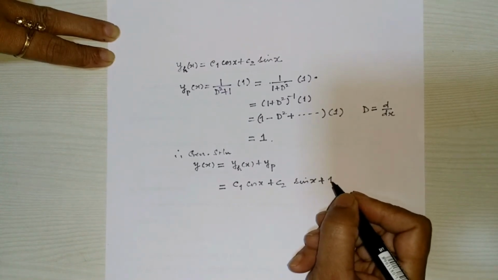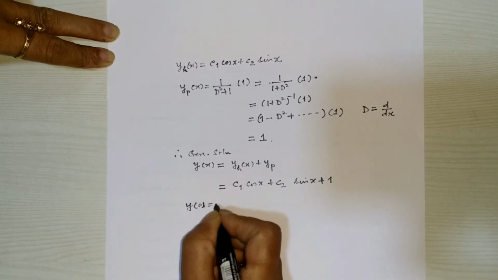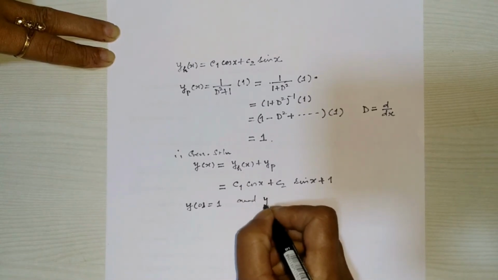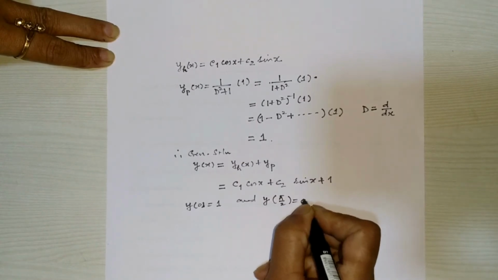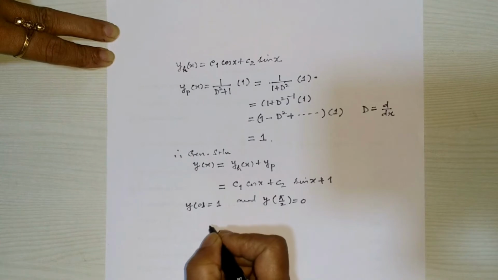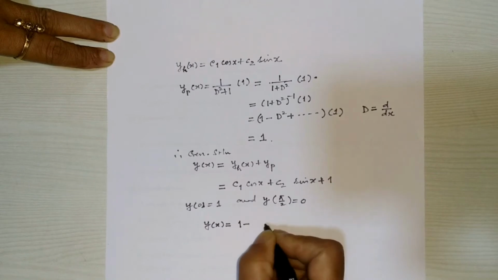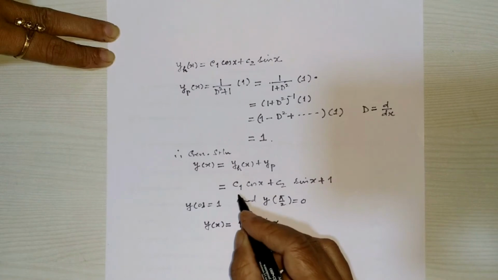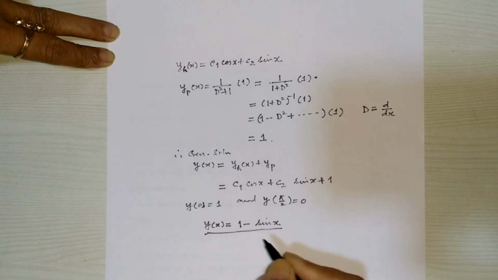Now if we apply these two boundary conditions, y(0) is equal to 1 and the other boundary condition, y(pi by 2) is equal to 0, this will lead to the solution y(x) is equal to 1 minus sin x after determining the values of the constants C1 and C2. So this is the final solution of this non-homogeneous boundary value problem.